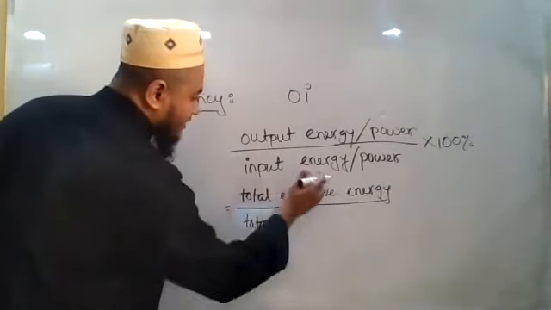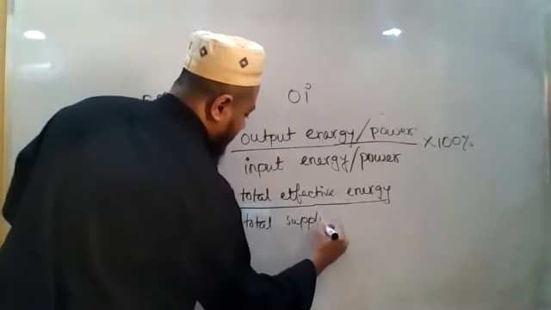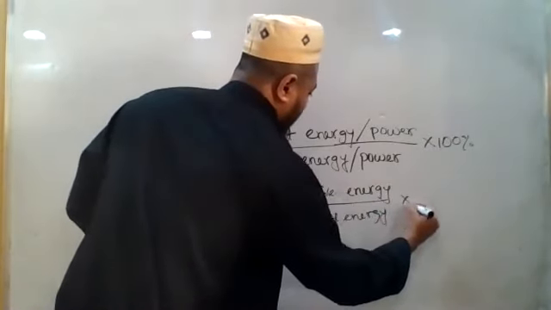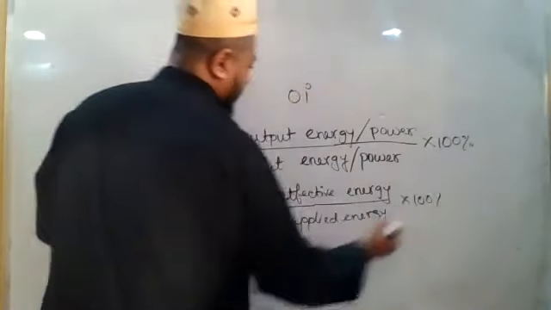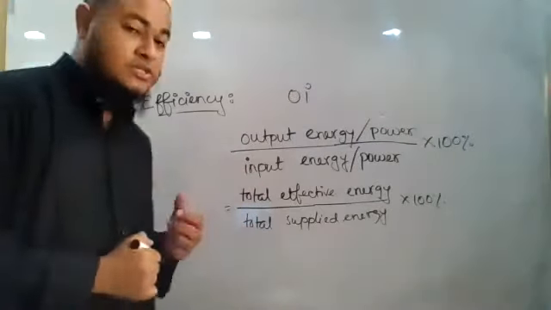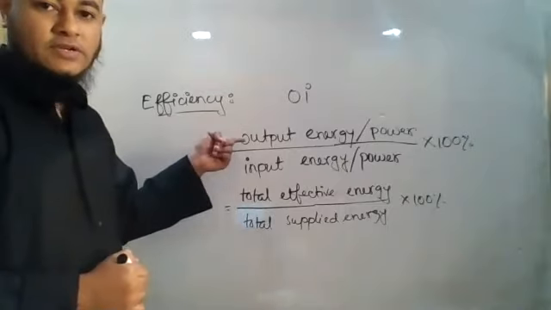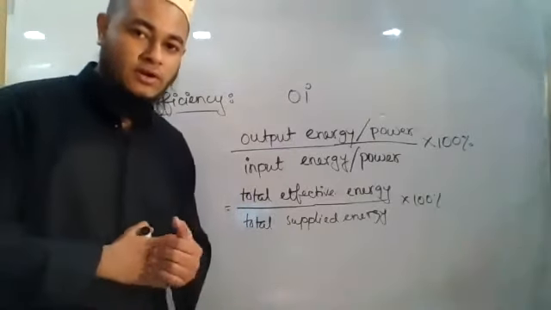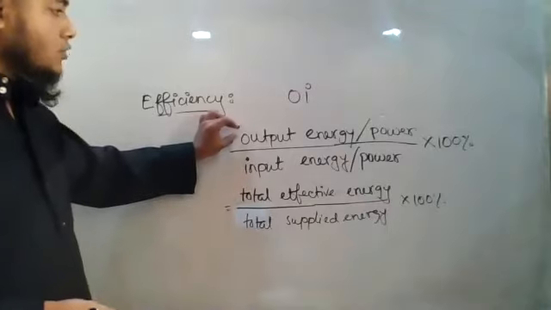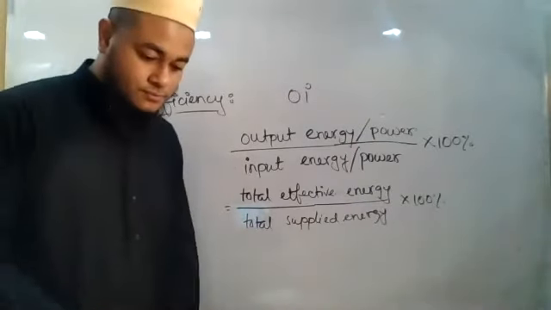Whatever you supply, that is the input for the machine, into 100%. Sometimes you will be asked to calculate the total effective energy. If you don't know what we mean by it, you will not be able to calculate. So please remember, total effective energy means the output energy, and supplied energy means the input energy.